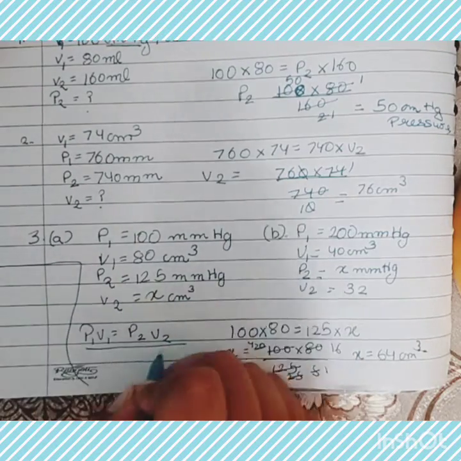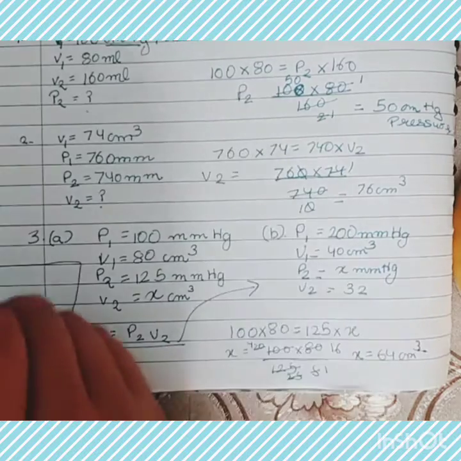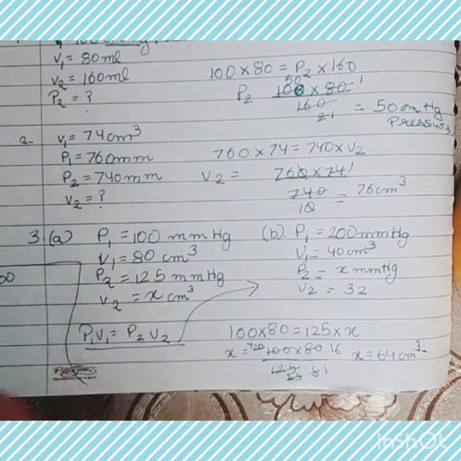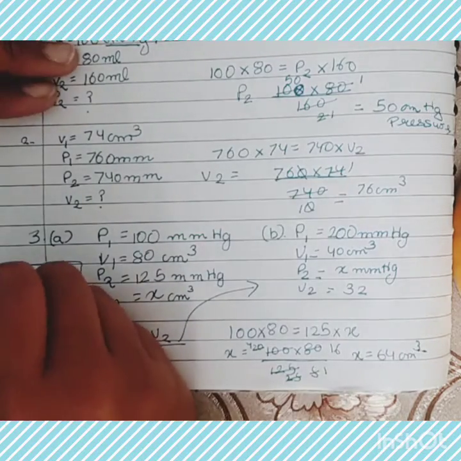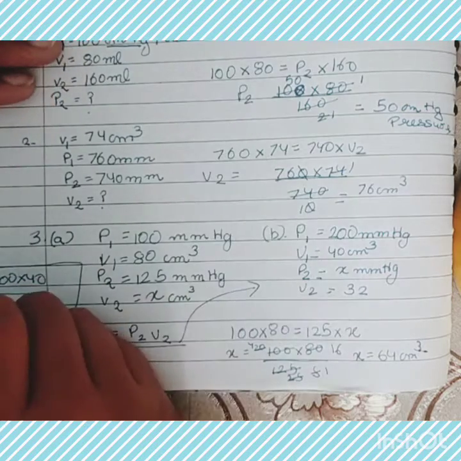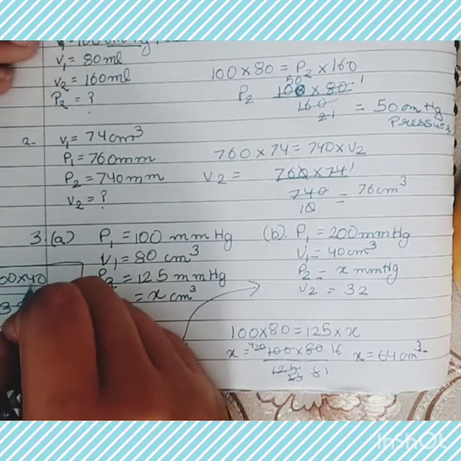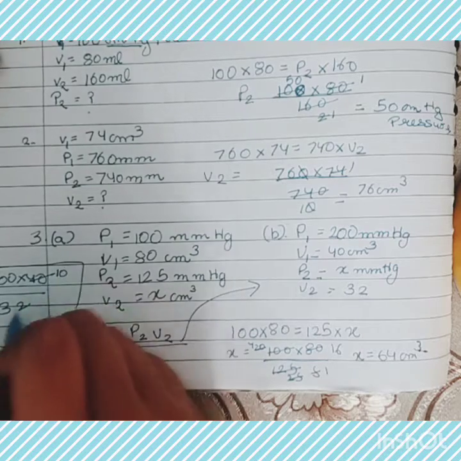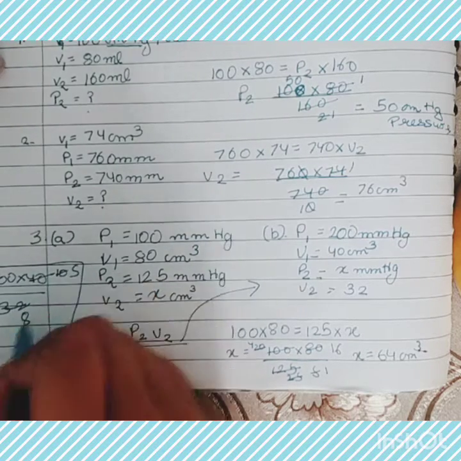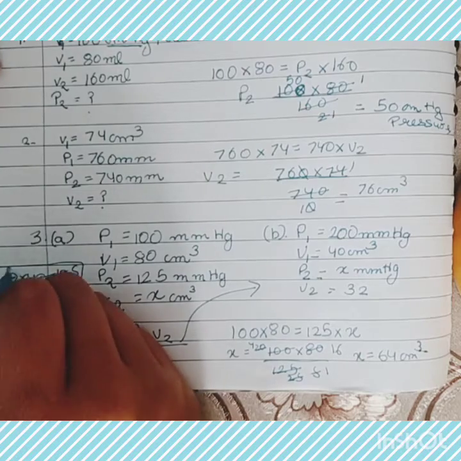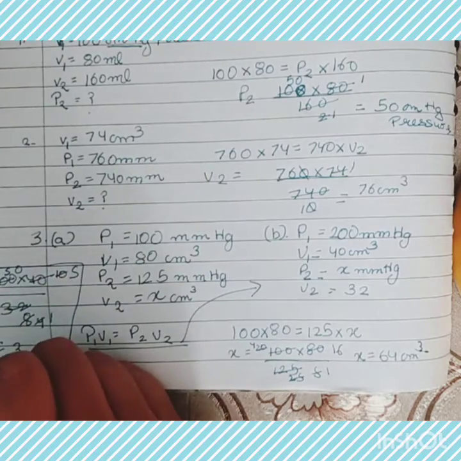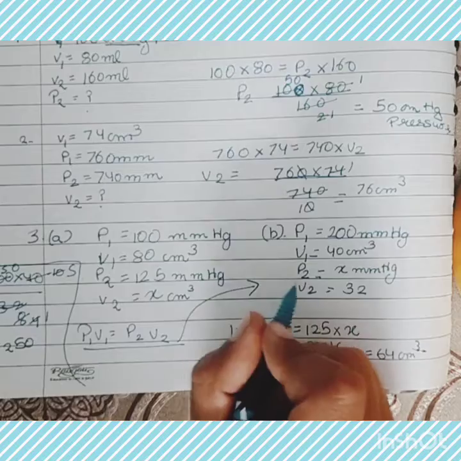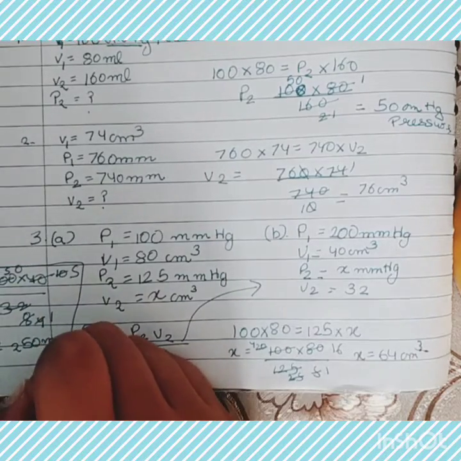P1 200 into V1 40, and 32 will come below. So 4 tens are 40, 4 8s are 32, so 50 into 5 is 250, 250 mm Hg.